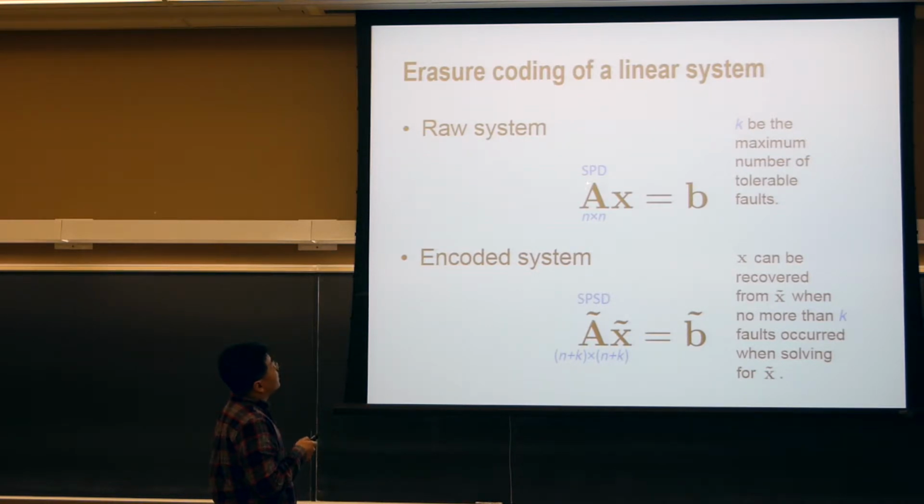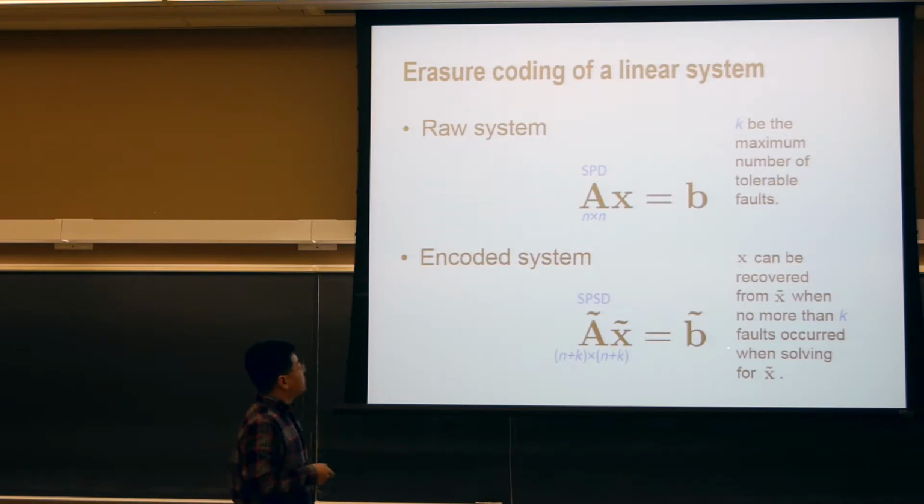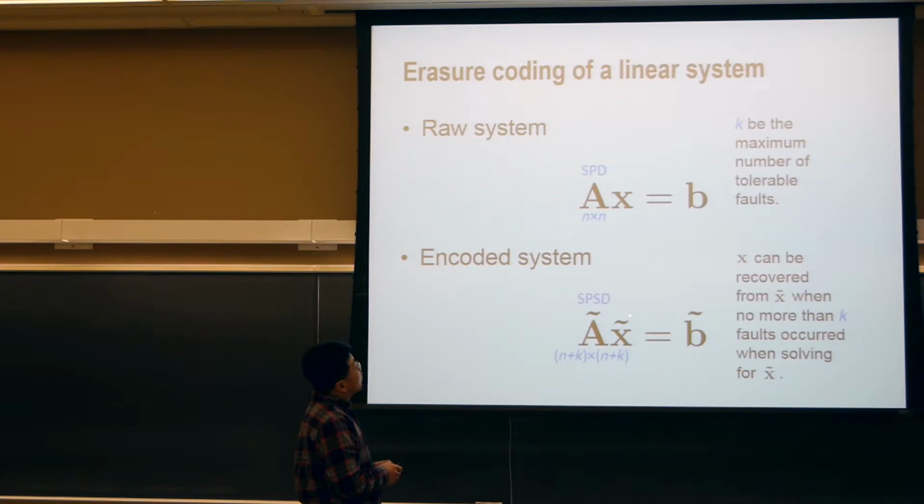And then by augmenting this raw system into something we call the encoded system, we can enlarge the matrix A to be A tilde, which is n plus k by n plus k. And we will describe the relationship between the solution to this augmented system and the solution to the raw system.